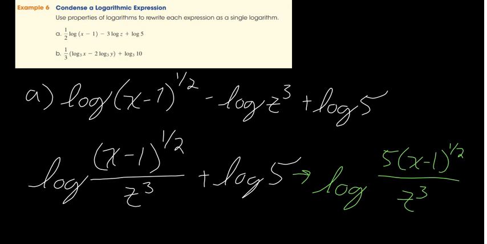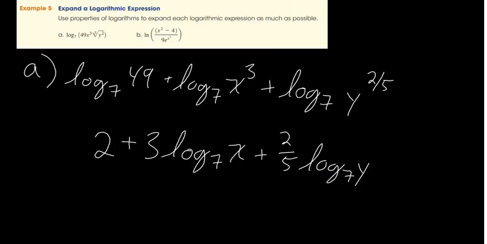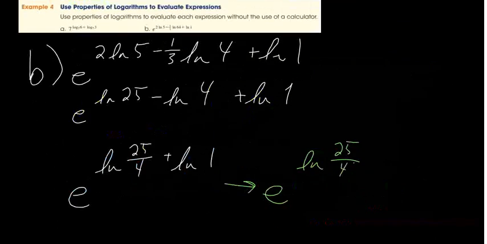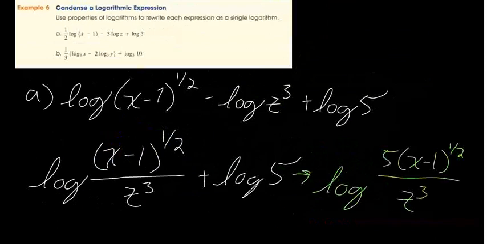And that's it. We did the power rule, and then we did our product rule, and the quotient rule. We did all those rules put together in A, and presumably we'll probably do it in B as well.